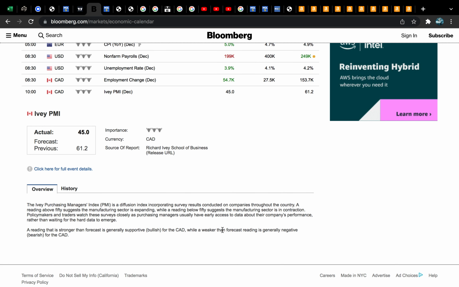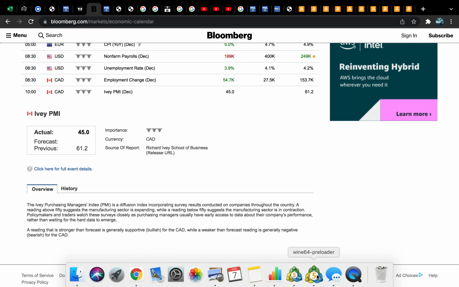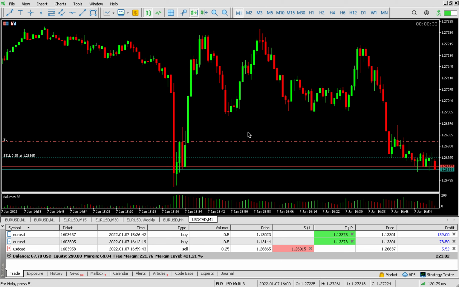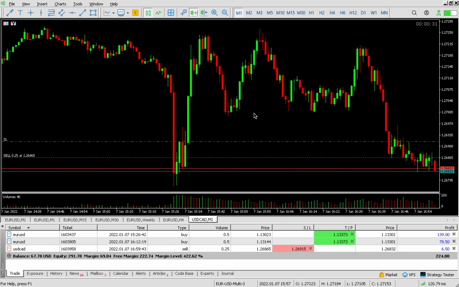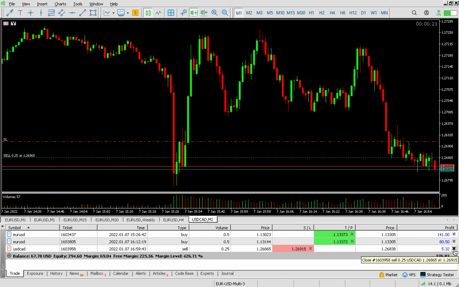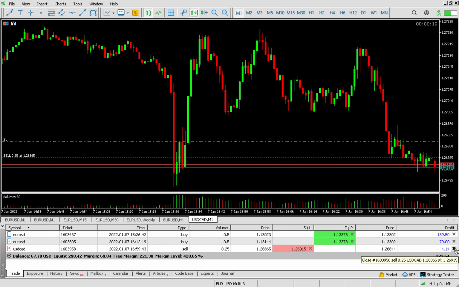Okay, a weaker than forecast is generally negative, bearish. So the pair is USD CAD. So if that goes down, let's see if the CAD goes down.